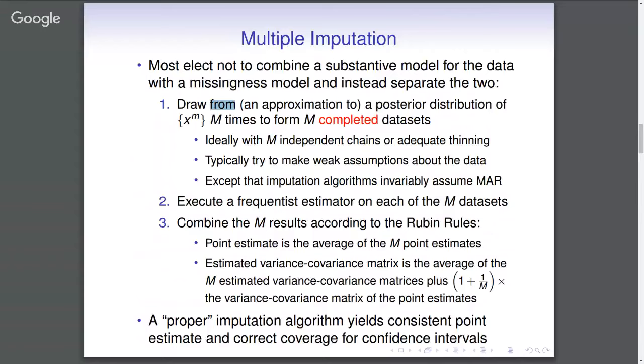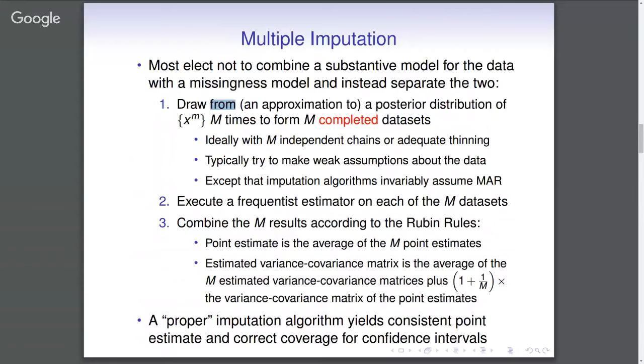And it turns out that under the missing at random assumption, this procedure is actually good in the frequentist sense. If we were to do this over and over and over again, like 95% of the time, the true thing would be caught within the confidence intervals and things like that.